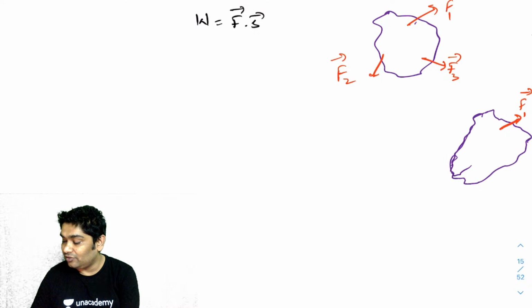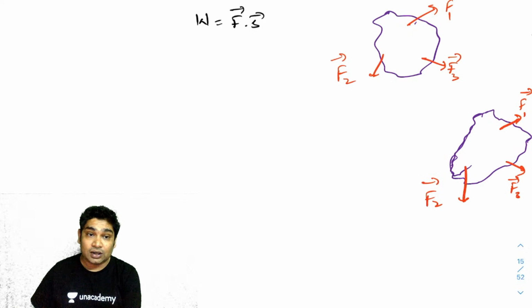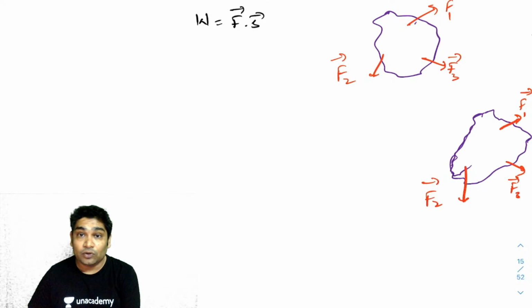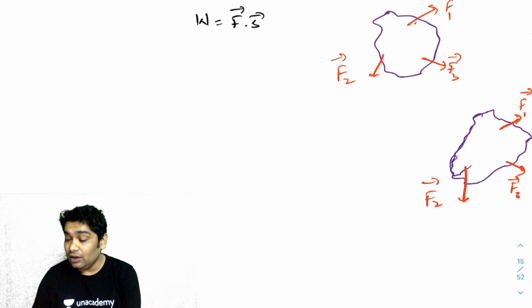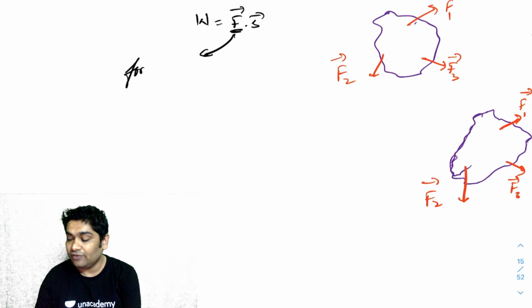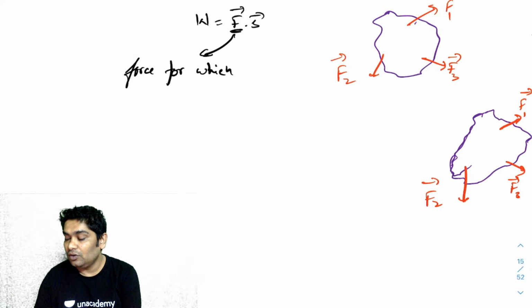This is your F2 vector and this is your F3 vector. Now, while calculating the work, if you want to calculate the work due to force F1, then the F that you're using here is the force for which work is being calculated.